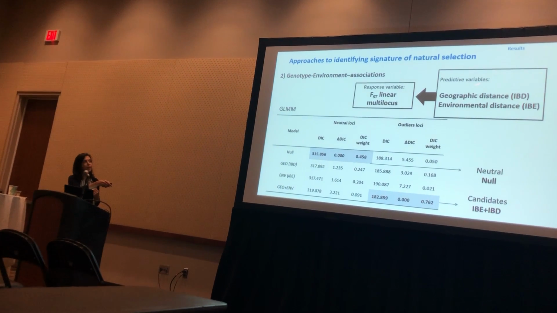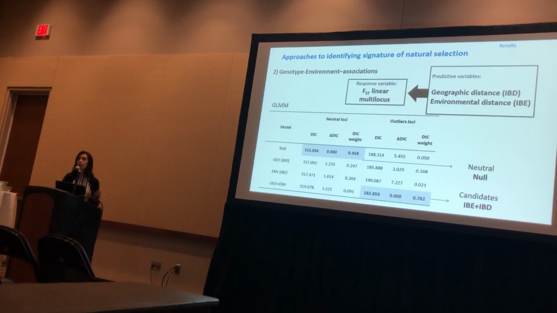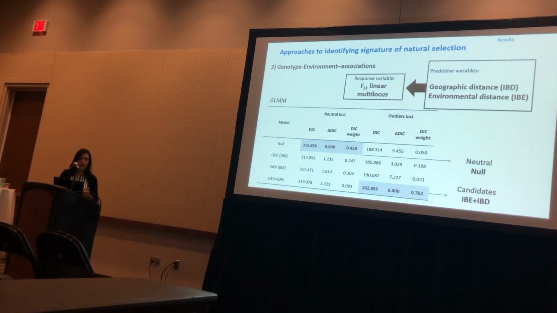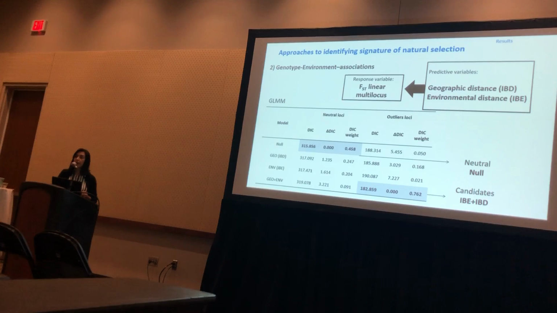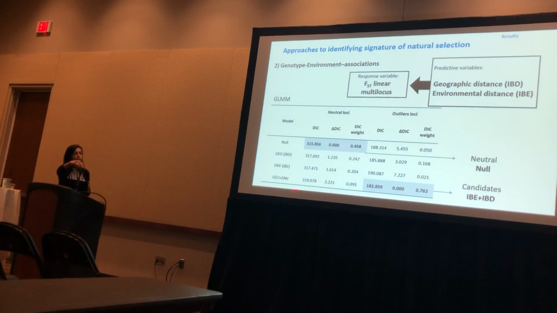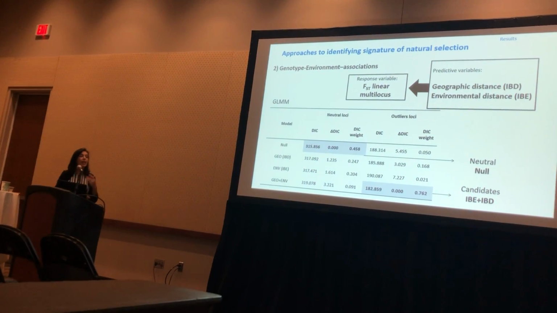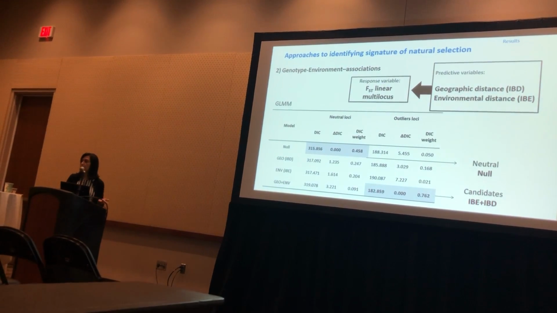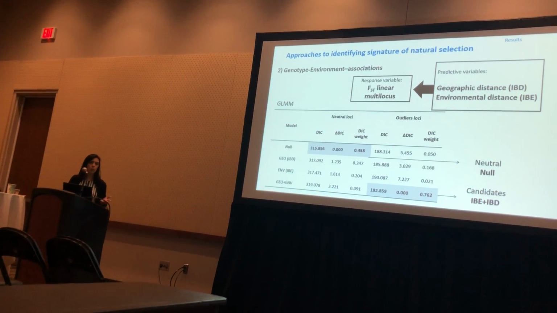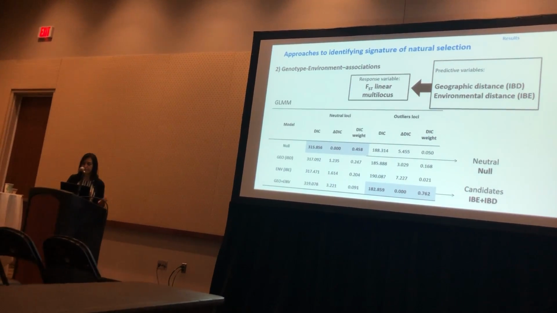For the neutral loci, the null model was the most important, but for the outlier loci, the model that combined geography and environmental distance was the best, indicating that isolation by distance and isolation by environment together could have a role in the genomic differences of the outlier loci.